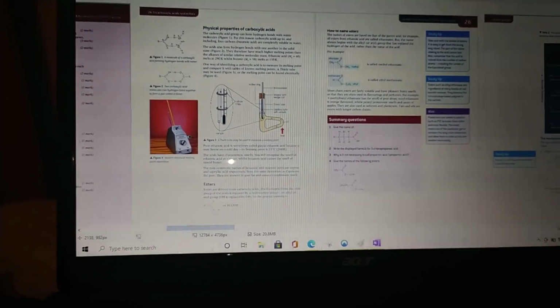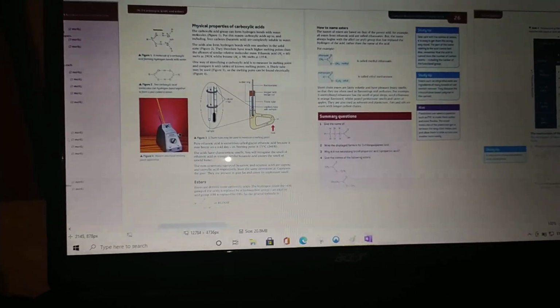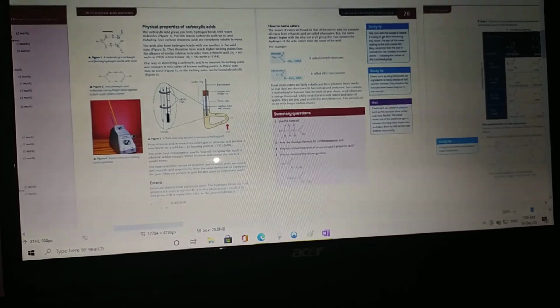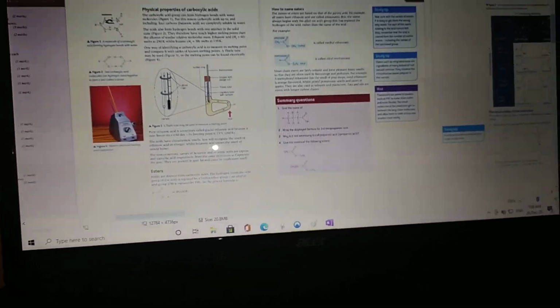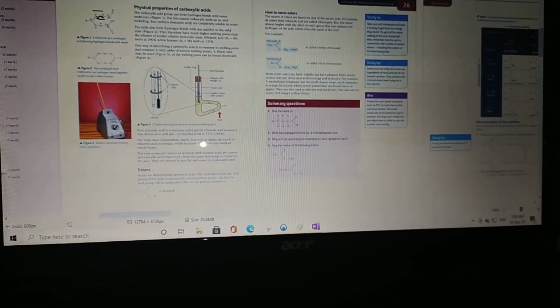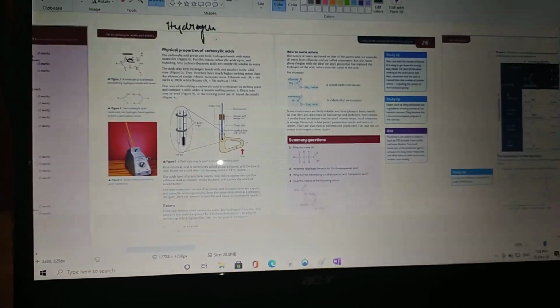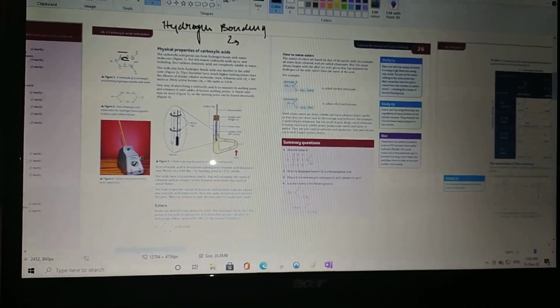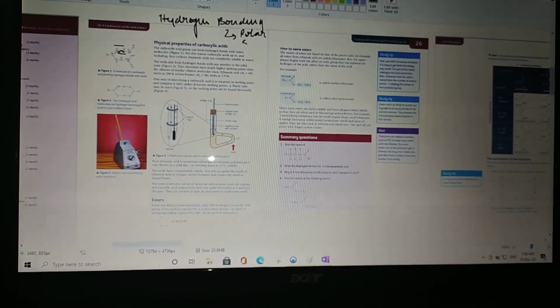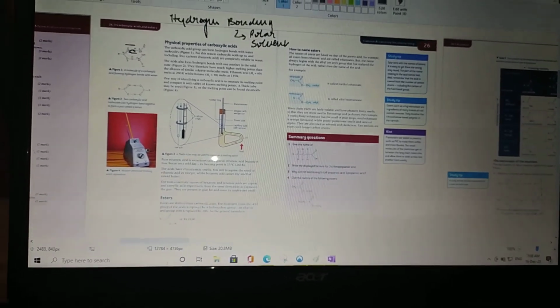Now, we come to the physical properties of the carboxylic acids. Due to the presence of the OH group, they have the tendency to perform hydrogen bonding, and therefore they are polar solvents.